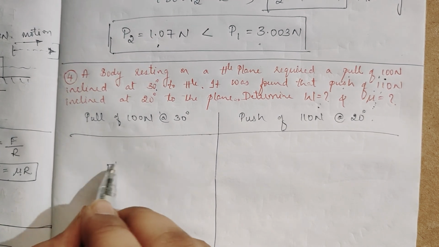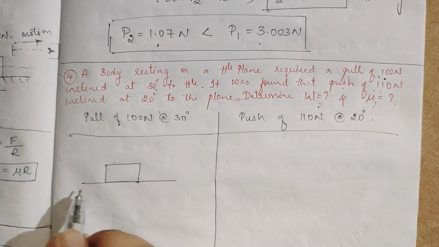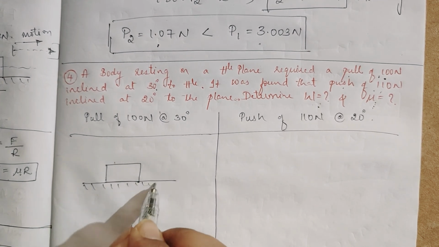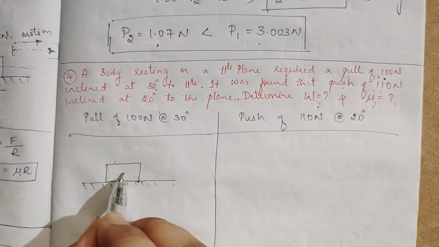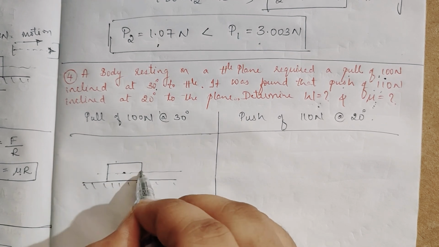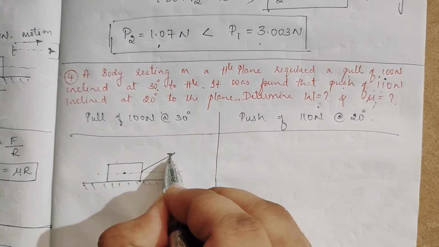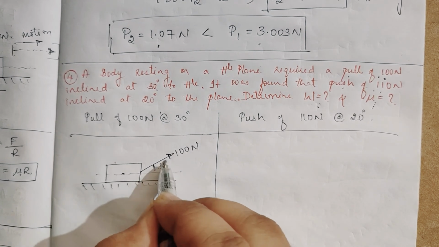So see here, this may be the body and this is the horizontal surface. Now this is the centroid. So a pull of 100 Newton at 30 degrees, correct?